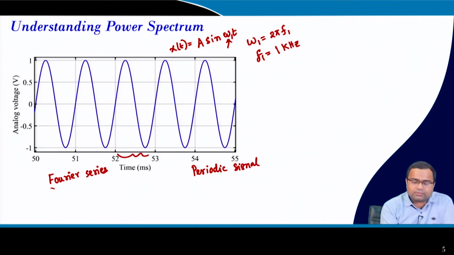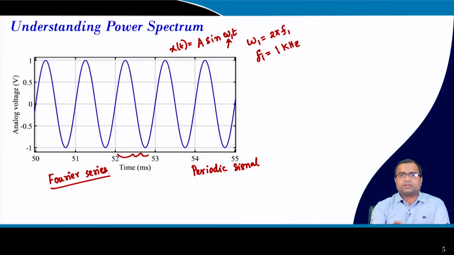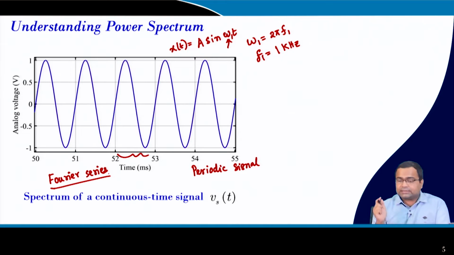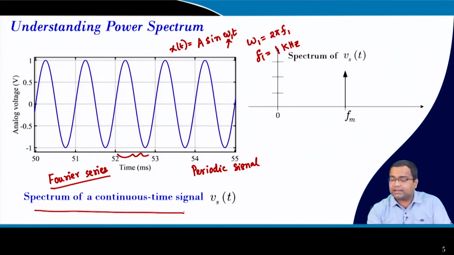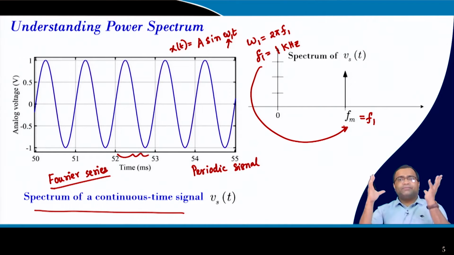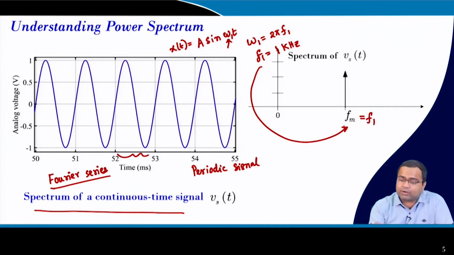I am not going into too much mathematics of that because these are well established and it is a different course, but if we apply Fourier series to get the power spectrum of this continuous signal, it will be simply a single frequency component. Here I can say Fm equal to F1 because this is my injected frequency, and sometimes it is called the modulating frequency.